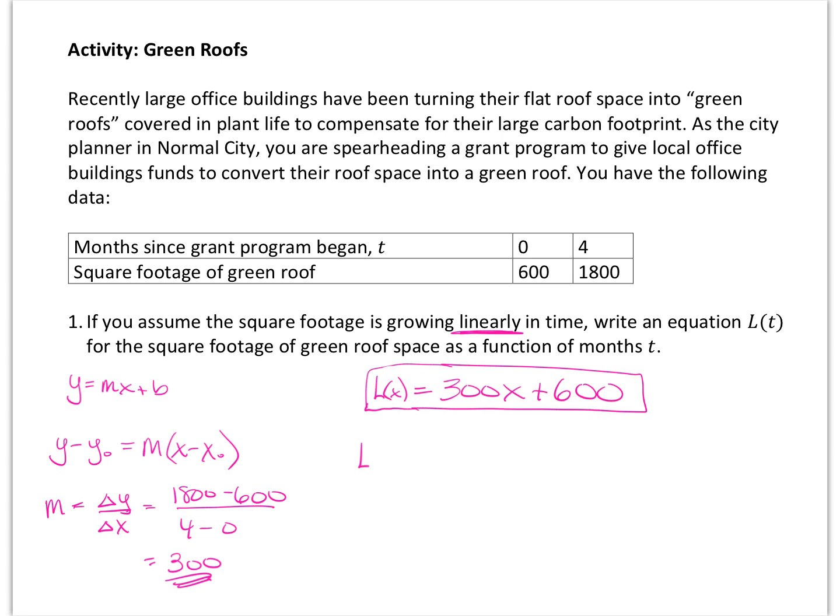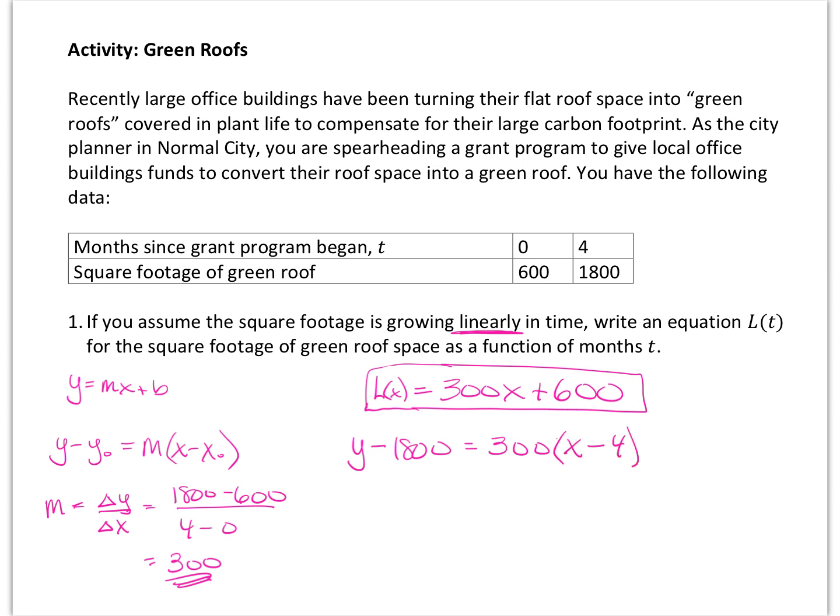I could also have used point slope, where I have y minus y naught, y minus, maybe I'll use the other point, 1800, equals the slope, 300, times x minus x naught, which is 4.